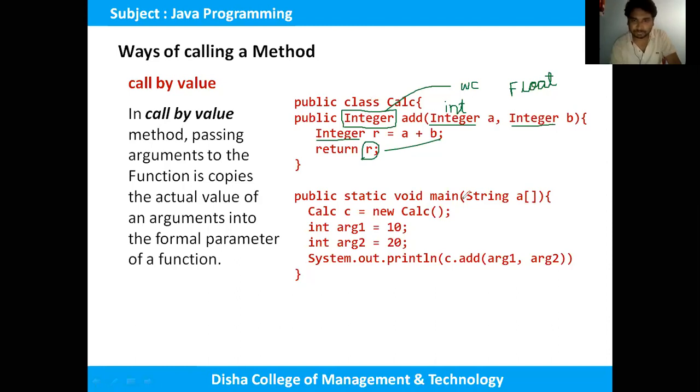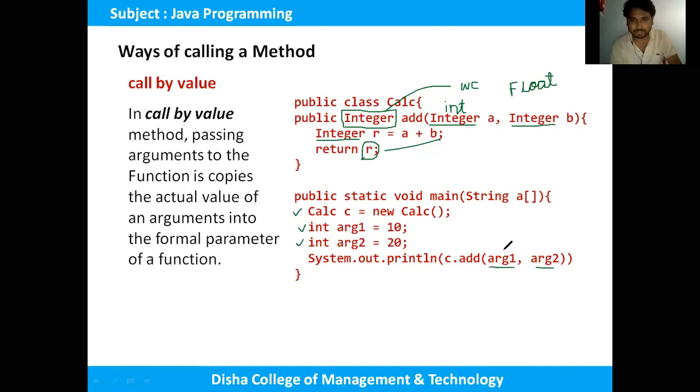So in the main function, we just create an object for this class, that is Calc c equals new Calc. We have created two variables, argument 1 and argument 2, assigned the values 10 and 20 respectively. After that, we pass these two values to the add method.